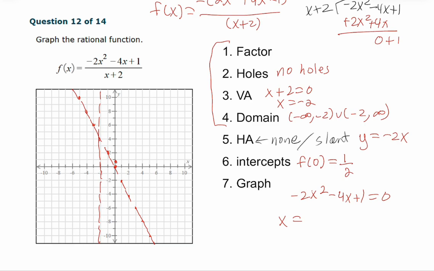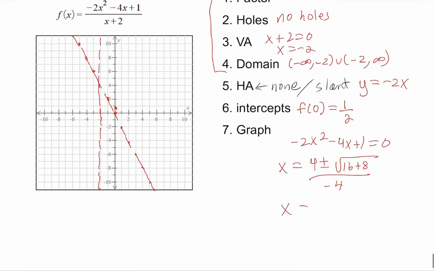It's negative b plus or minus the square root of b squared minus 4 times a times c. Negative 4 times negative 2 times 1 is positive 8, over 2a, which is negative 4. So that's 4 plus or minus the square root of 24 over negative 4.